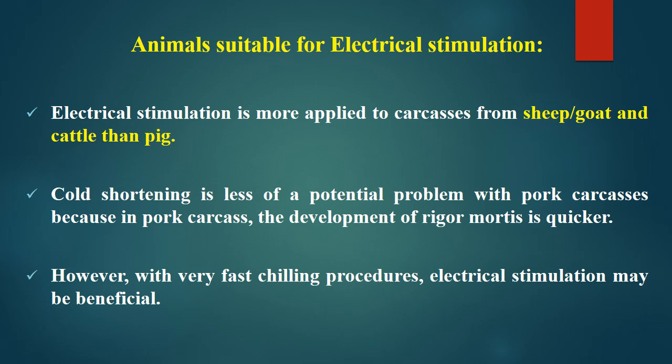So the rigor mortis comes quicker in case of pig, so it is less commonly practiced, because the cold shortening problem is comparatively less. However, with very fast chilling procedures, electrical stimulation may be beneficial. So when we want to do very quick chilling, in that case electrical stimulation should be practiced even in case of pork.